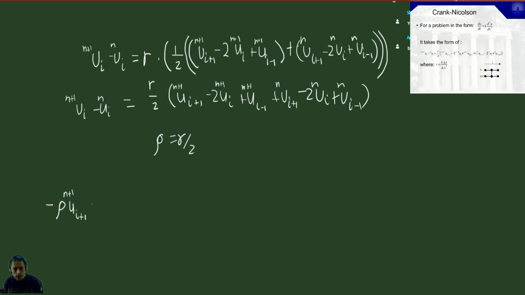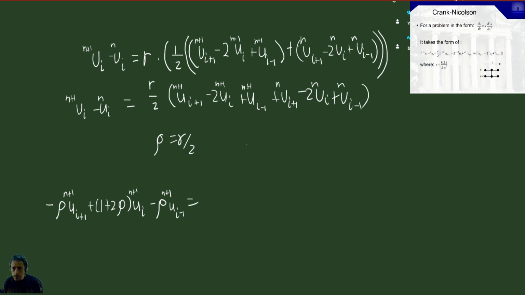Minus, so plus 2, plus 1 plus 2 rho u_i at time n+1, minus rho u_(i-1) at time n+1.